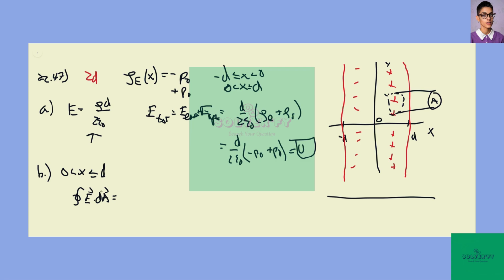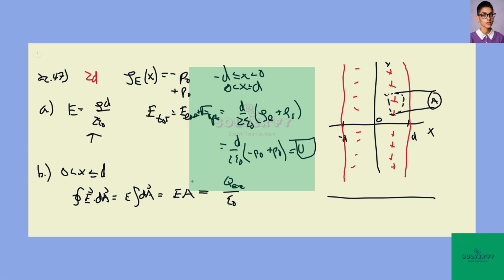So we can reduce this integral to just E times A, and this equals the charge enclosed over epsilon naught.